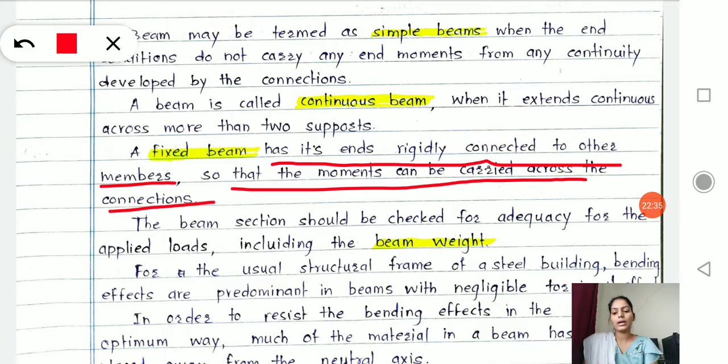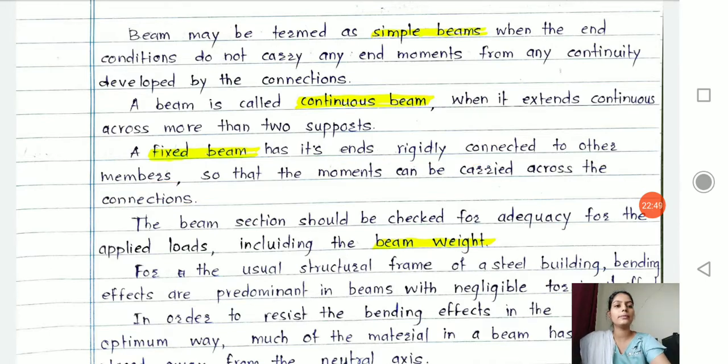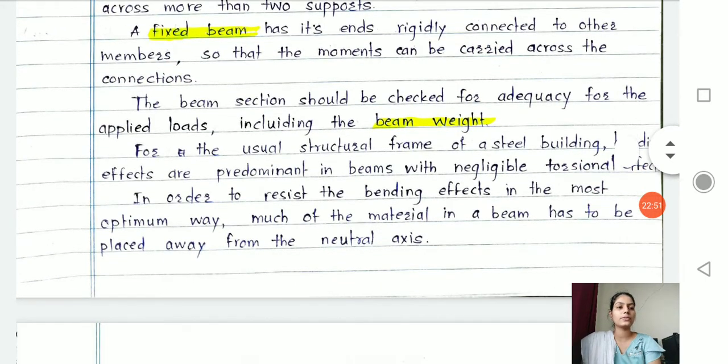Due to restrained conditions, reactions develop in the horizontal, vertical and rotary directions. Moment is also developed. This is how beams are classified on the basis of their end conditions.